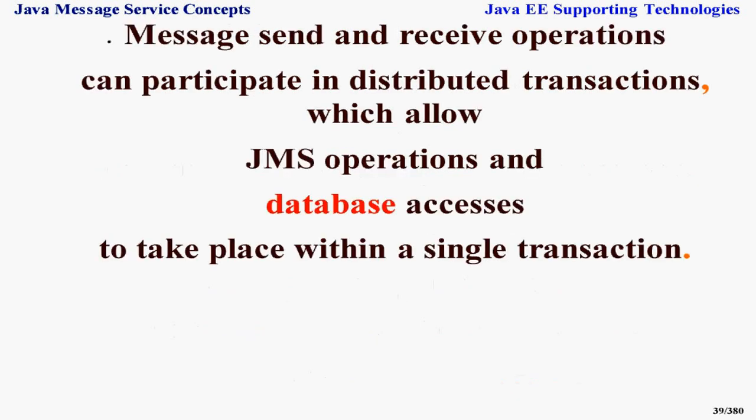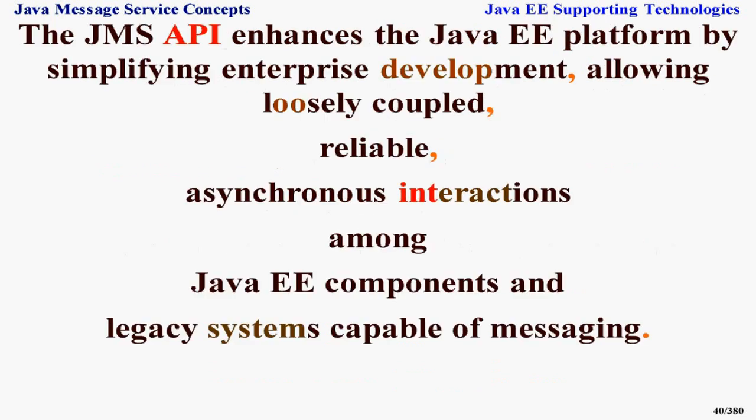Message send and receive operations can participate in distributed transactions, which allow JMS operations and database accesses to take place within a single transaction. The JMS API enhances the Java EE platform by simplifying enterprise development, allowing loosely coupled, reliable, asynchronous interactions among Java EE components and legacy systems capable of messaging.